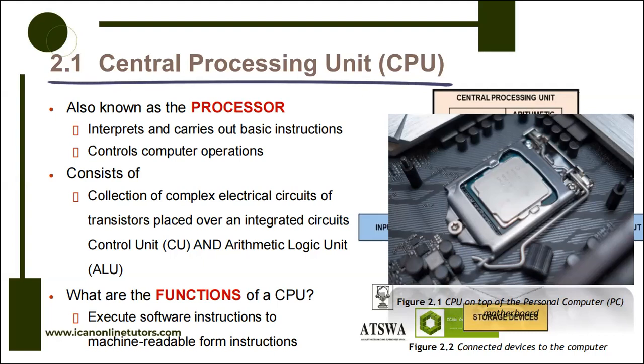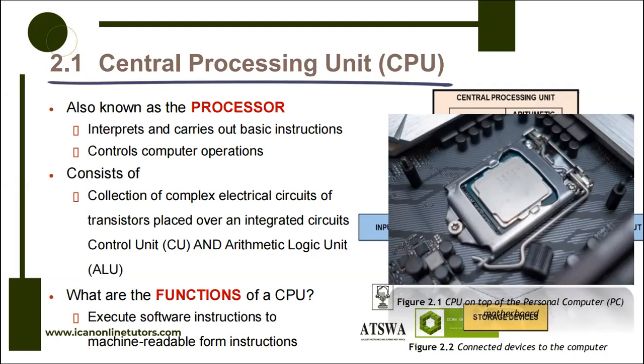So central processing unit is a central point where things are being done. It is also known as the processor, and the word processor is actually a good nomenclature for what the central processing unit does, because it processes so many things.